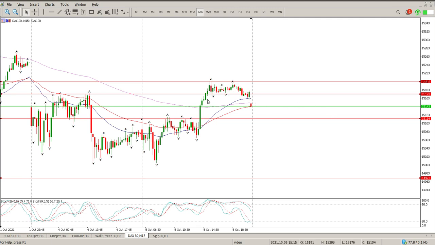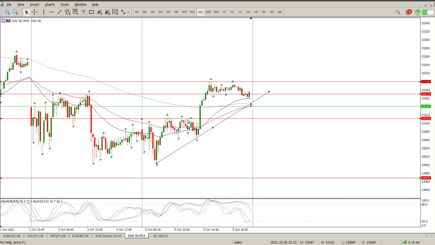So for me at the moment on the DAX, we need to wait for the structure to see what is going to transpire. Now there is a trend line that's forming here, but I have a feeling if it plays out like we're playing now, we're probably going to gap below that. And the big question is whether we're going to find support here. If we find support at 15,100 or 15,114 and start bouncing, there may be some merit to look for a move to the upside. But I'm in two minds at the moment on pretty much most of the indexes.